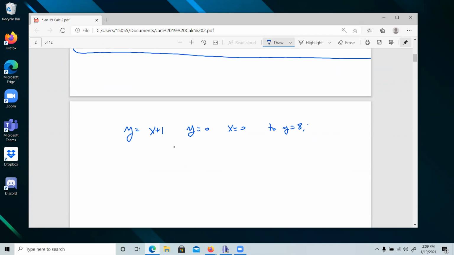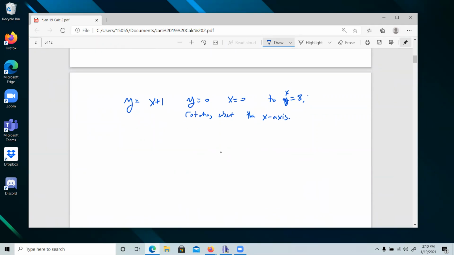And we are evaluating, so x equals 8, I think it's x equals 8. All right, and we are rotating about the x-axis.